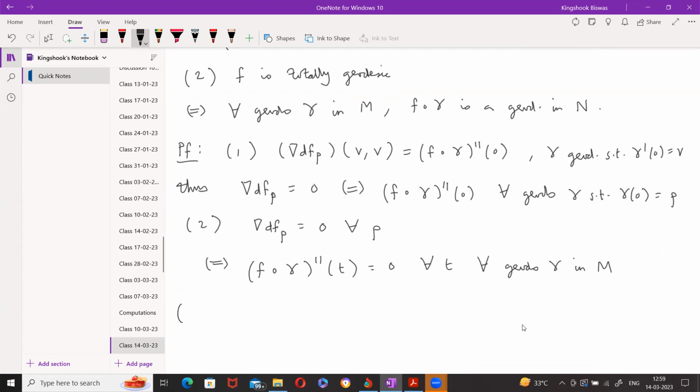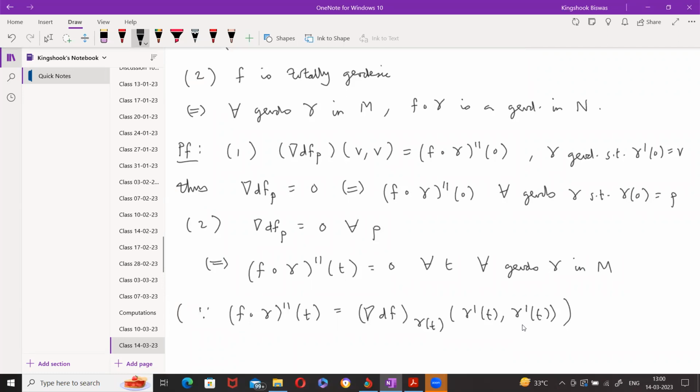Okay, because (F composed gamma)'' (t) is equal to nabla dF at gamma(t) of (gamma'(t), gamma'(t)). Okay. Yes.